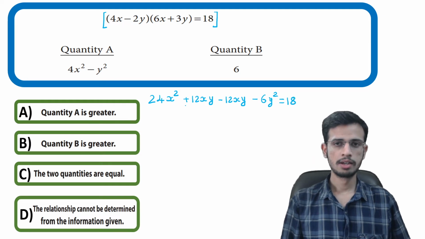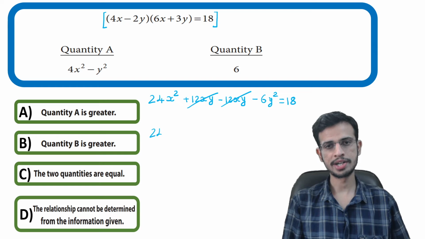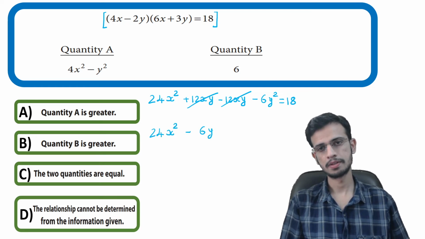From here, the xy terms will cancel out. We get 24x square minus 6y square is equal to 18.